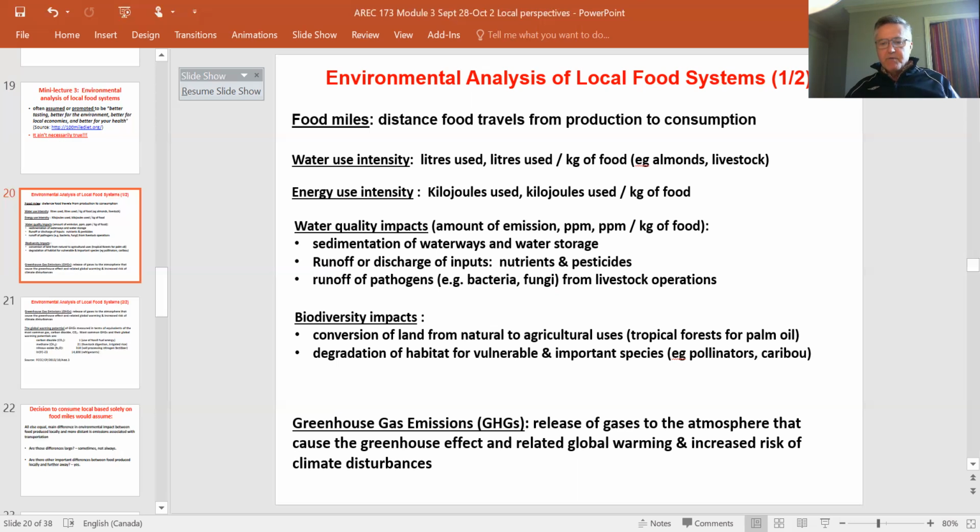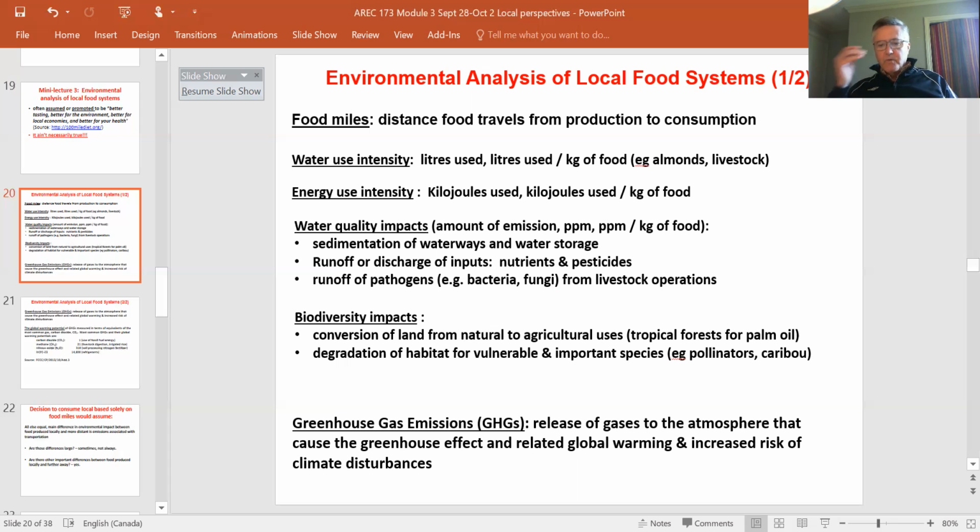So, for example, when we convert tropical forests for production of soybean or palm oil, there's lots of habitat loss, or habitat may be degraded for particular species that we pay particular attention to.